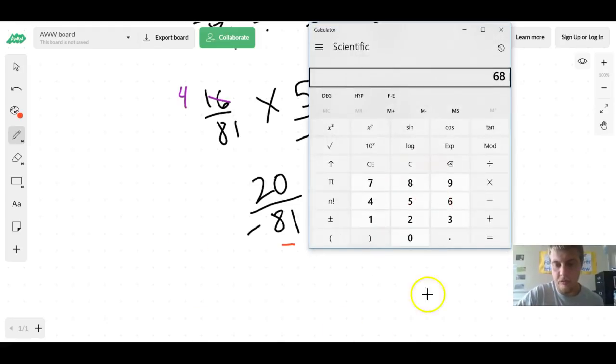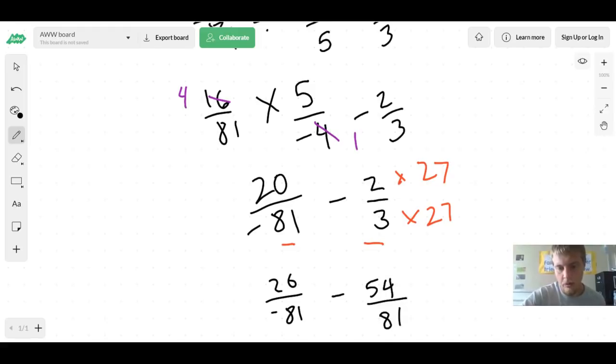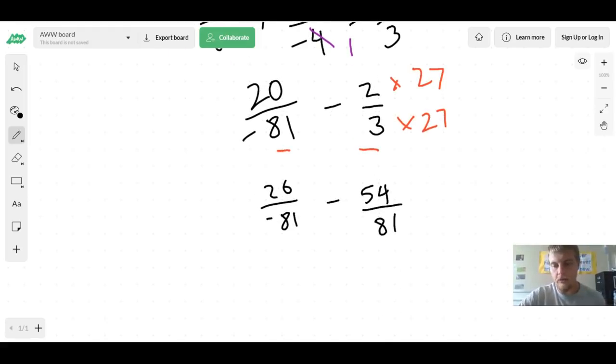And the reason I would do that is because 3 times 27 gives me 81. So these things would be the same. Which would be 20 over negative 81 minus 54 over 81. And now you can subtract them.